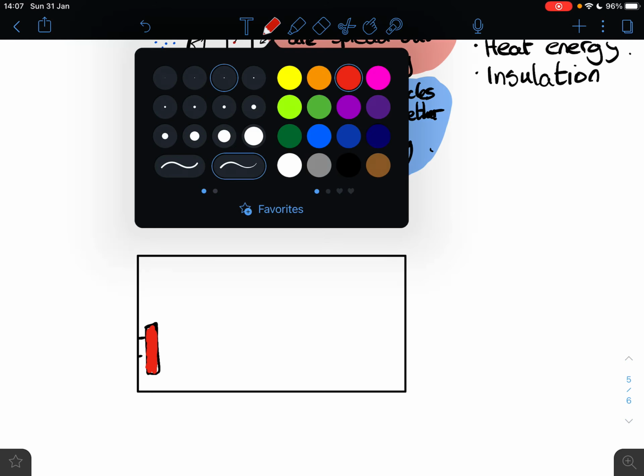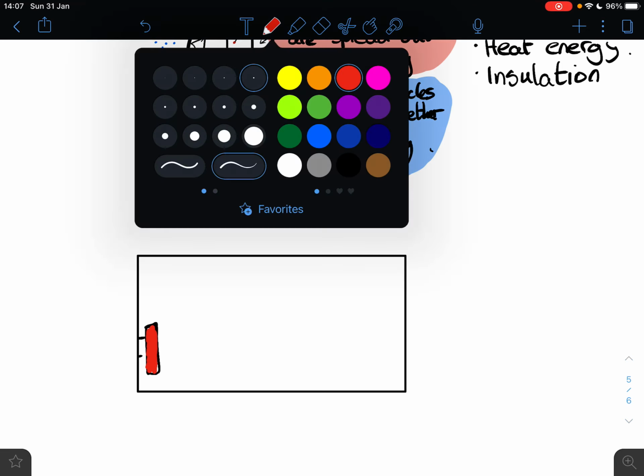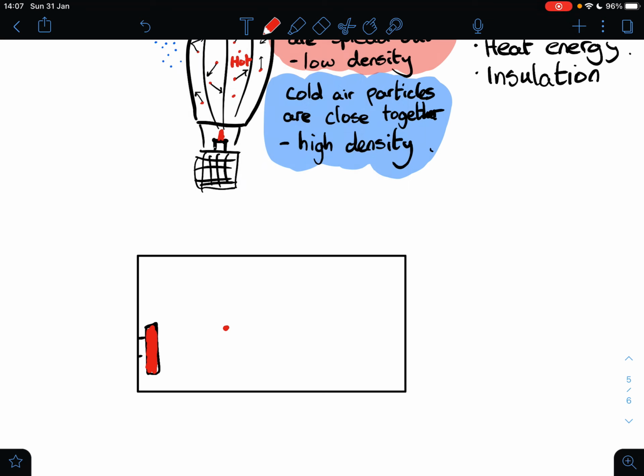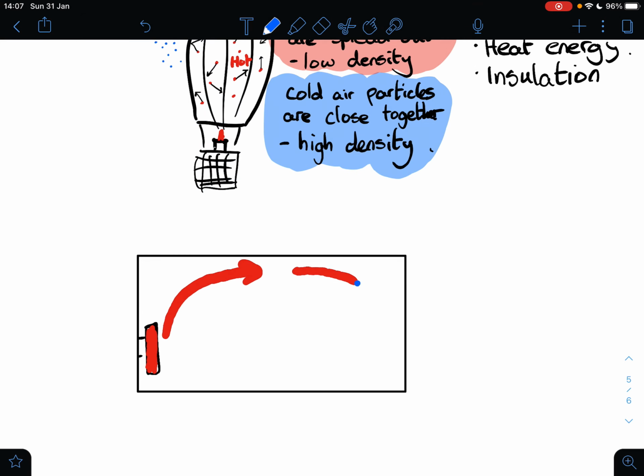What the radiator will be doing, without any moving parts, is heating up the rest of your room. And that's because, let's choose a nice chunky line, the hot air will be rising up off here and moving along. It'll be sharing all its heat energy with the other particles, so it will eventually start to cool down.